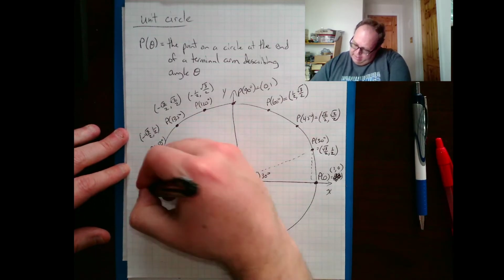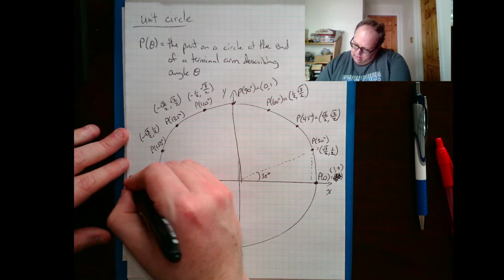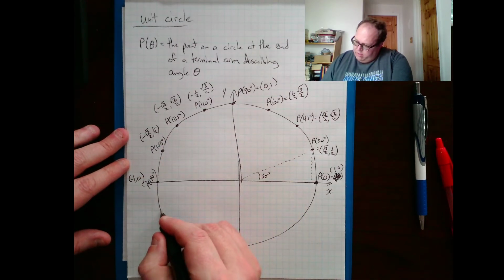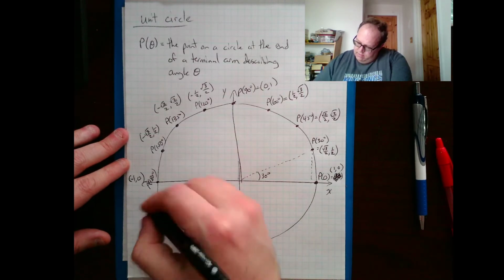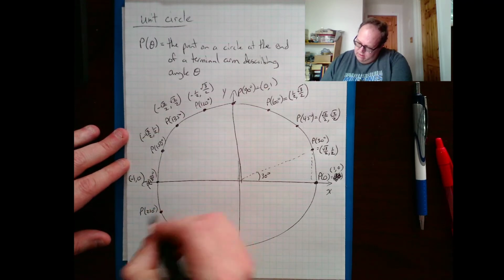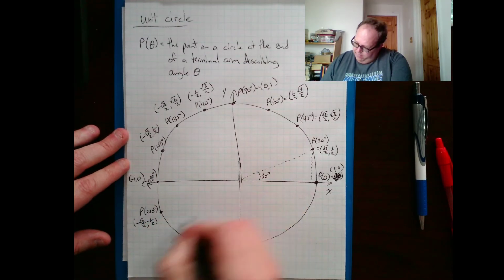At 180, that point is negative 1 and 0. I keep going. P at 210 degrees would be negative root 3 over 2 and negative 1/2.